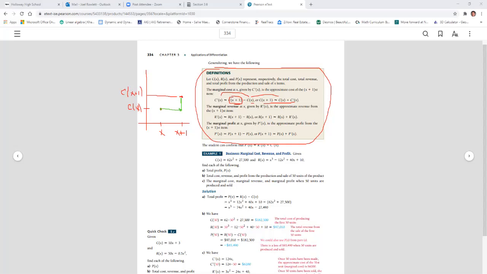Well, if you subtract, you would get a difference of 1. And then, of course, the difference here is going to be C of x plus 1 minus C of x. Because you would take the entire height here, right? That would be C of x plus 1. And then you would have to subtract this height here in order to get the change in y.